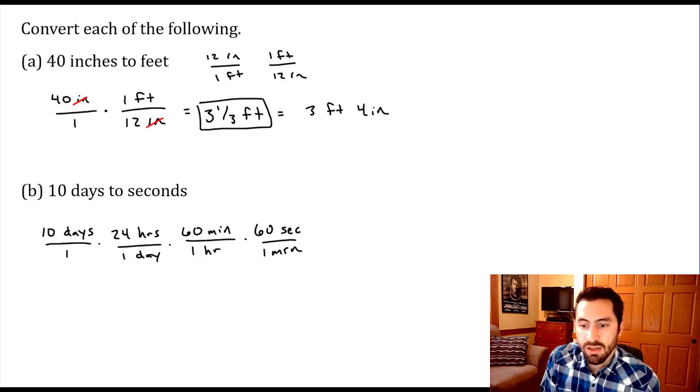And again, just taking a look at our labels here to make sure this calculation is going to be correct. We have days in the numerator, days in the denominator that will cancel out. We have hours in hours, minutes in minutes, and the only thing we'll be left with is seconds. So we have 10 times 24 times 60 times 60.